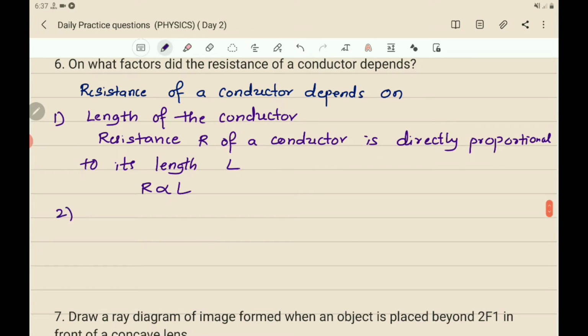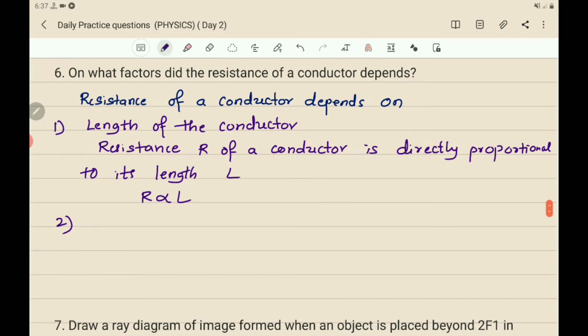Second one you write area of cross section of a conductor.